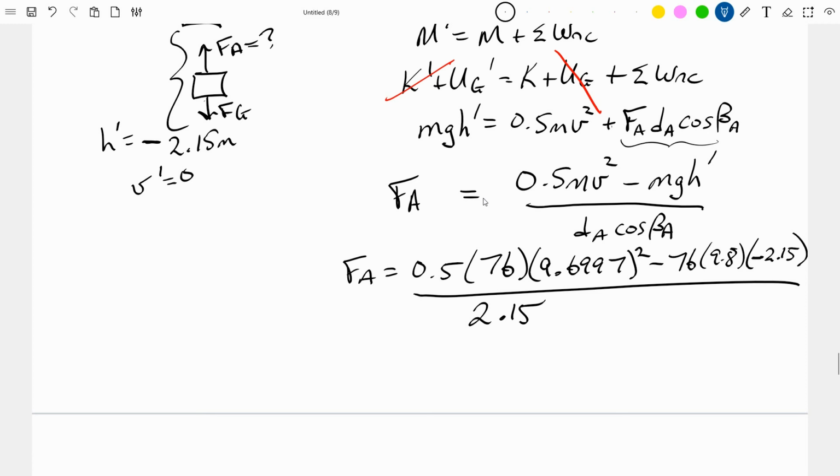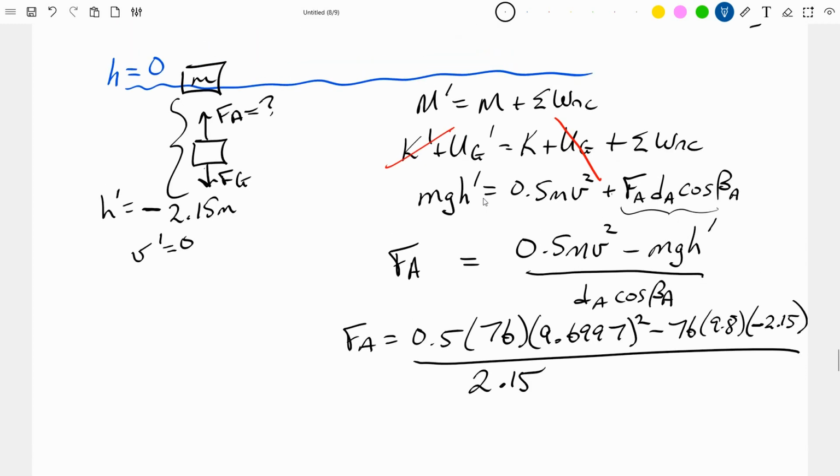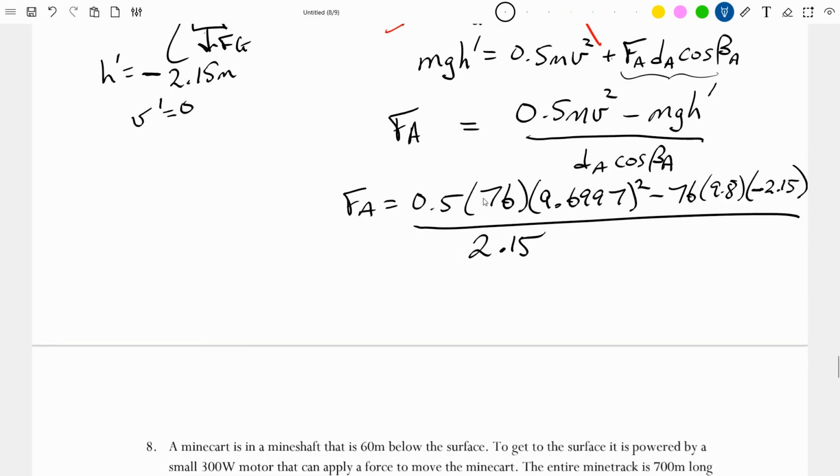So just for the record, D applied and H prime have a very, very close relationship here. They both involve the same thing, but they're subtly different. This distance applied is legitimately positive, and this H prime, the way I've set it up at least, is legitimately negative. I don't think I've made any errors here. I sure hope not.